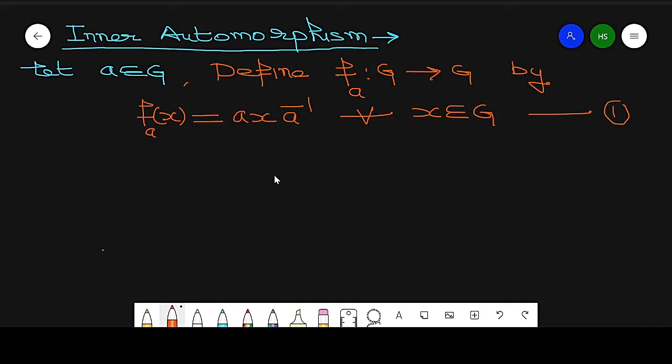Now to show that it is an automorphism, first prove it is a homomorphism.